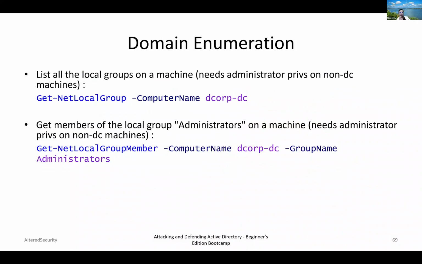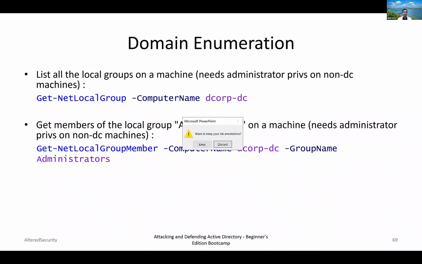Then we can continue with the enumeration. We can look for local groups. Please note that the domain controller is a special machine: to list local groups or members of local groups on a DC, you don't need special privileges. For anything else, to list local groups or their members on any other member machine, you would need administrator privileges.